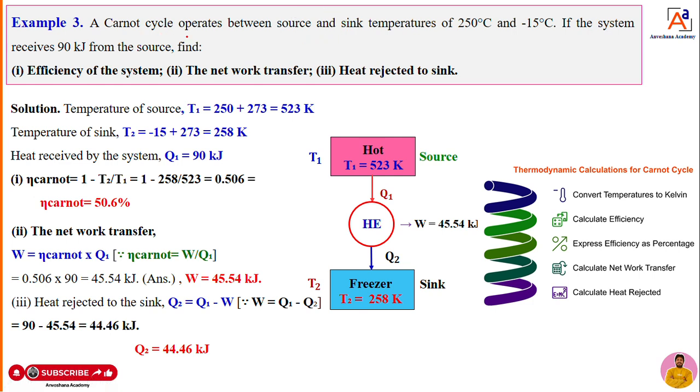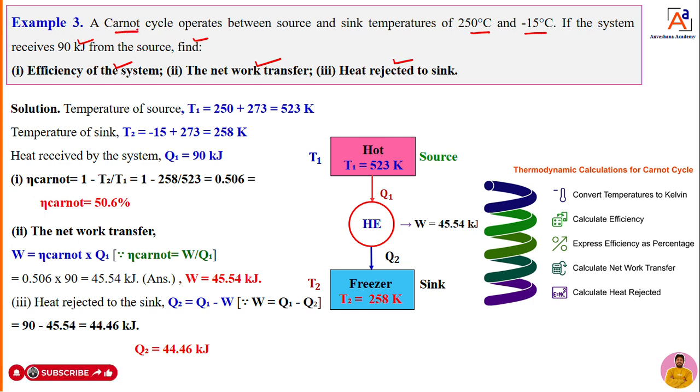A Carnot cycle operates between source and sink temperatures of 250 degrees Celsius and minus 15 degrees Celsius. If the system receives 19 kilojoules from the source, find the efficiency of the system, the net work transfer, and third, the heat rejected to the sink.